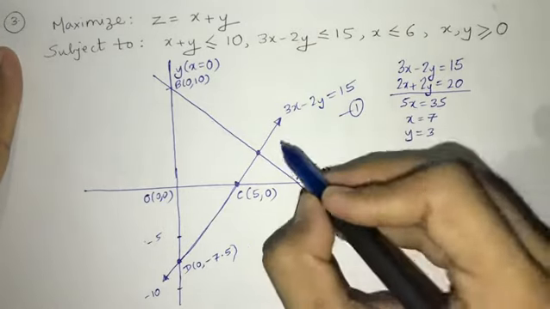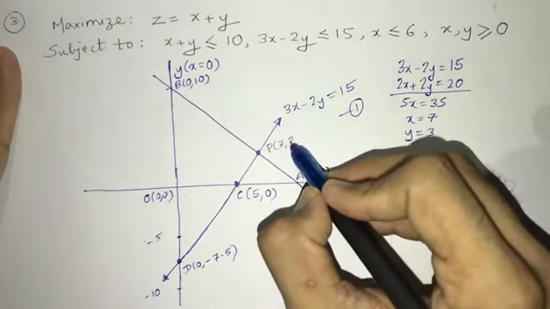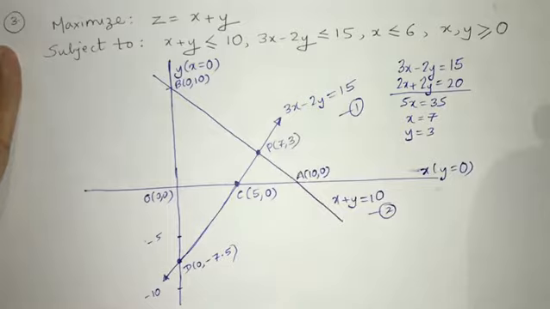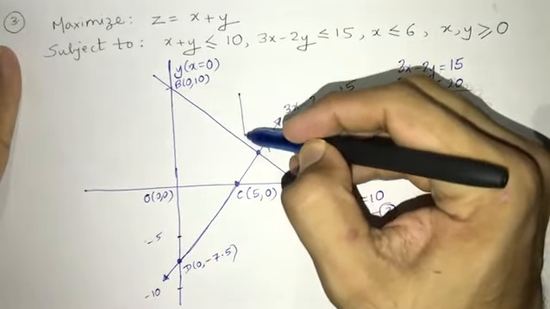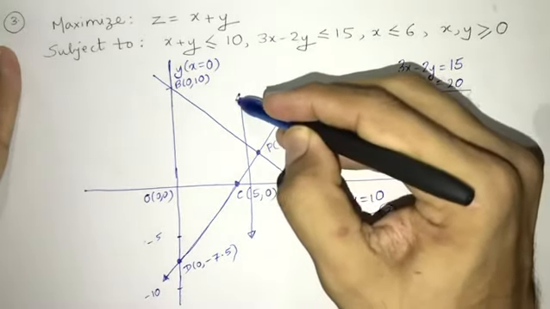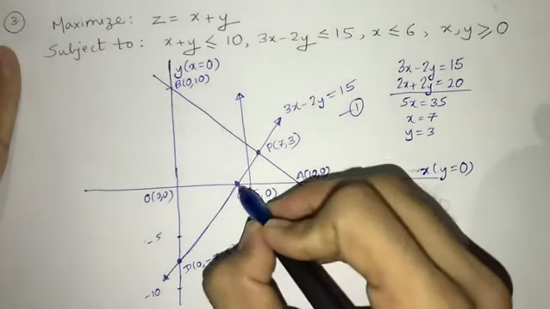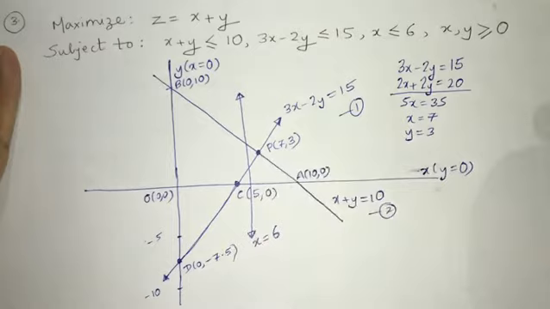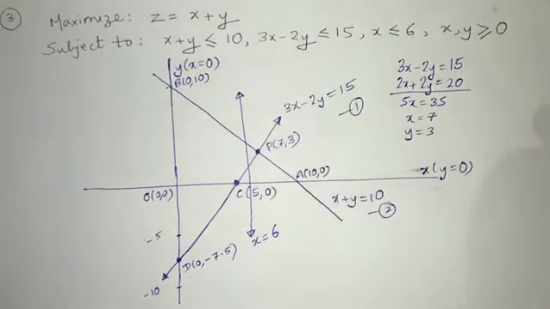This point here is P (7, 3). So I am very sure now that x equal to 6 is going to pass through the middle of 5 and 7, bisecting these two points. x less than or equal to 6 means the origin side.